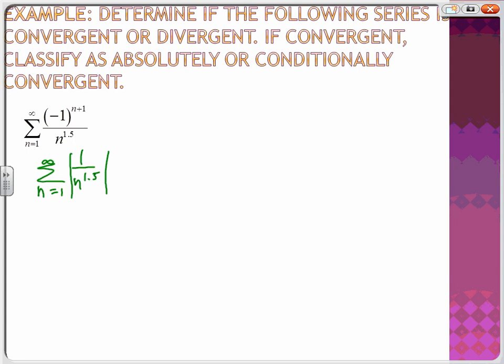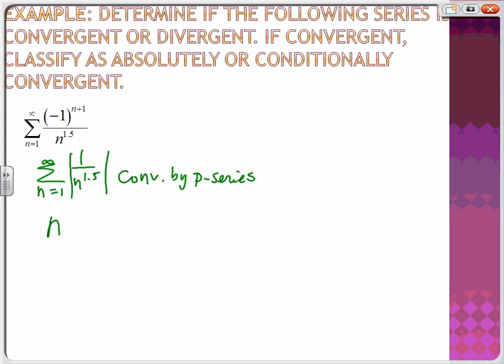Remember, the absolute value gets rid of the alternating part, right? So what does this do? Converges by the p-series. So since the absolute value converged, what is it?